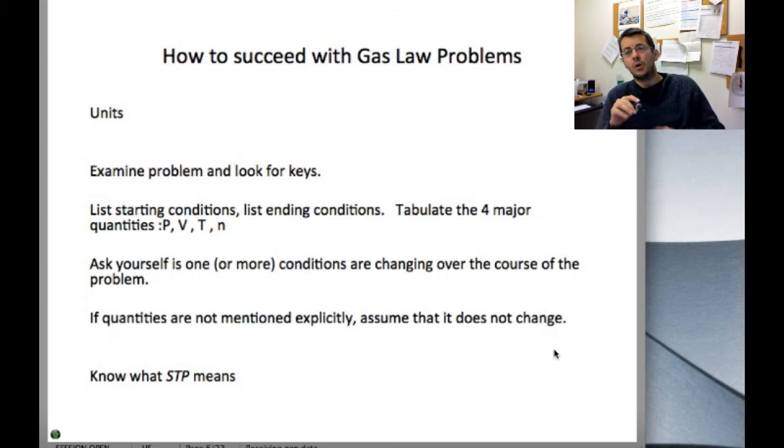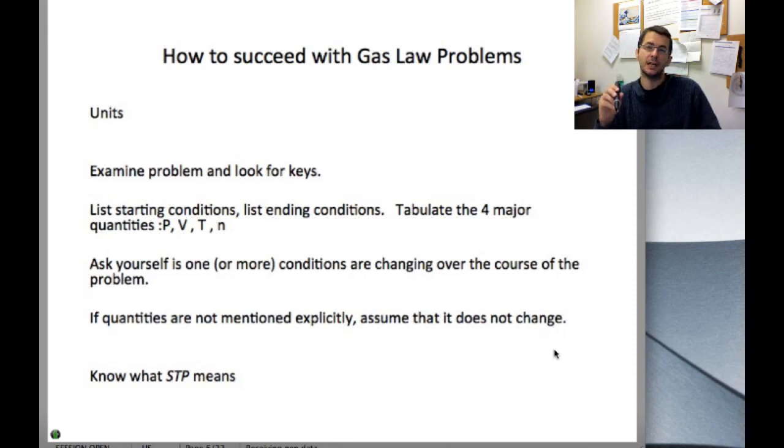Be sure that all your units are the same. If you're dealing with temperatures, make sure they are in the same set of units. Dealing with pressures, make sure that everything is related to a comfortable unit. Atmospheres is really often the most successful, so it's helpful to convert everything into atmospheres.